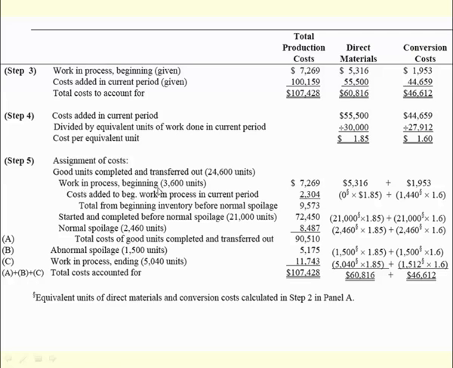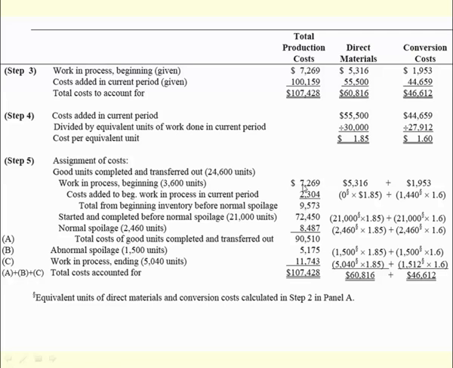First, work in process beginning costs. It was given: 5,316 and 1,953. Costs added to beginning work in process in the current period: 0 units for direct materials, and 1,440 units multiplied by 1.6 for conversion costs.